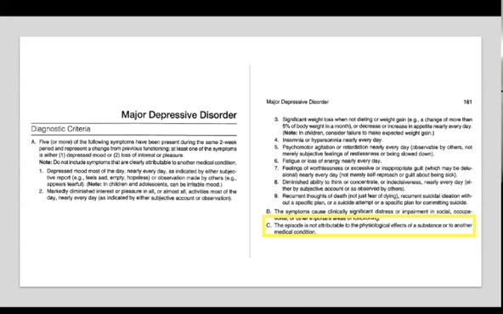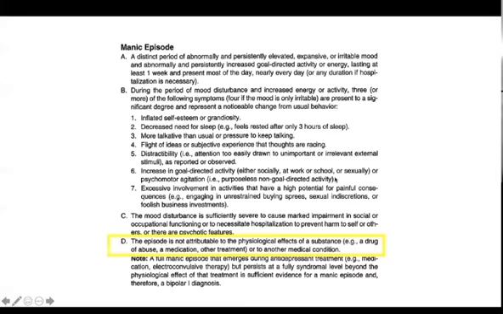But just to show you some more that this is actually a thing, criterion C for major depressive disorder: the episode is not attributable to the physiologic effects of a substance or another medical condition. So again, it's not depression if it's due to sleep apnea or hypothyroidism or something like that, but they can have co-occurring disorders.